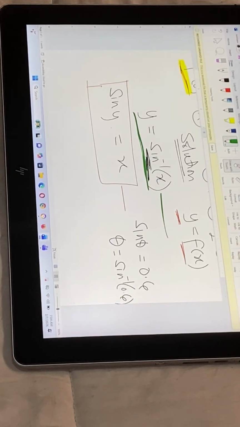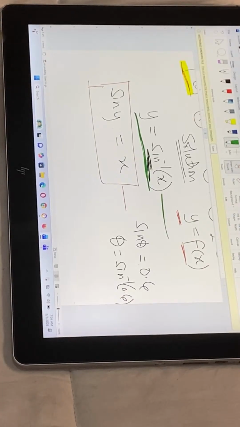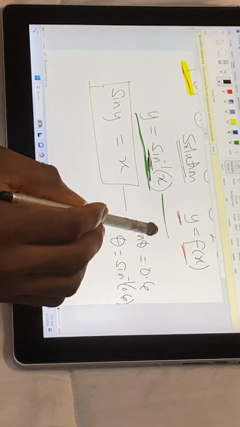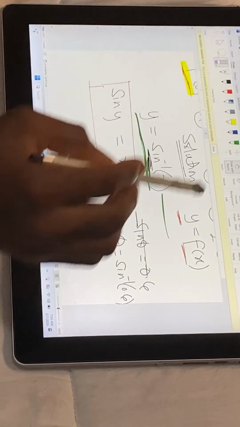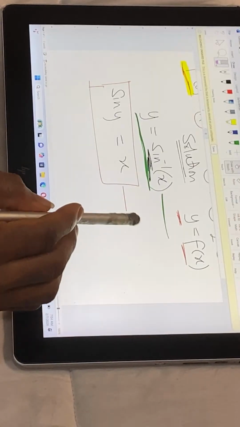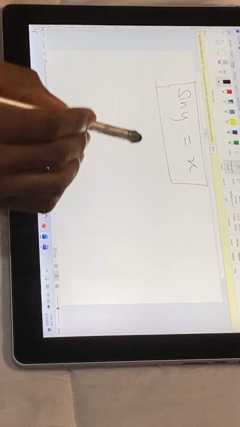Now we don't have any special function for sine inverse, but we have special functions for sine. Remember, there are special functions to differentiate all trig. And what is that special function here, class?